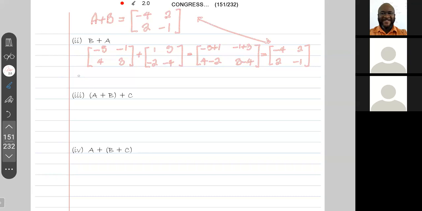Because A plus B is equal to B plus A, I can say that the addition of matrices is commutative.